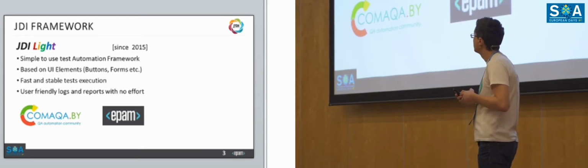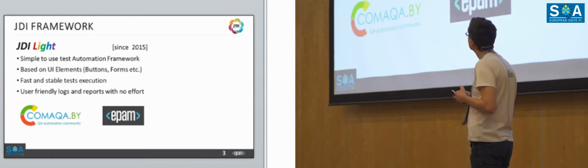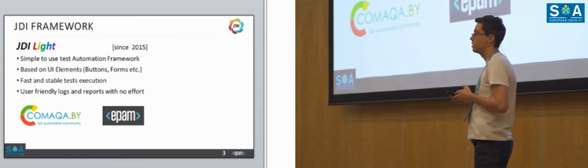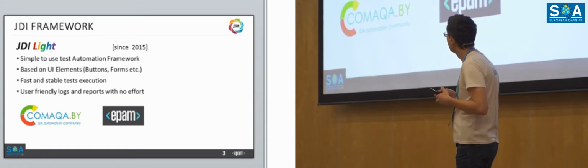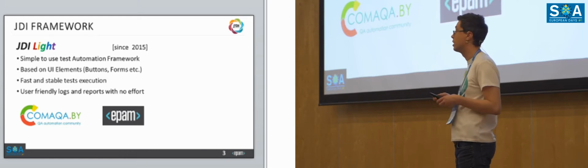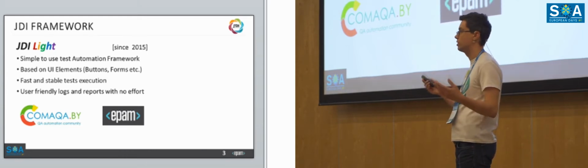In general, JDI Light is a product that has been developed for 15 years, and it's the result of practice on a list of projects that we have in EPAM, and we want to share it with other projects.